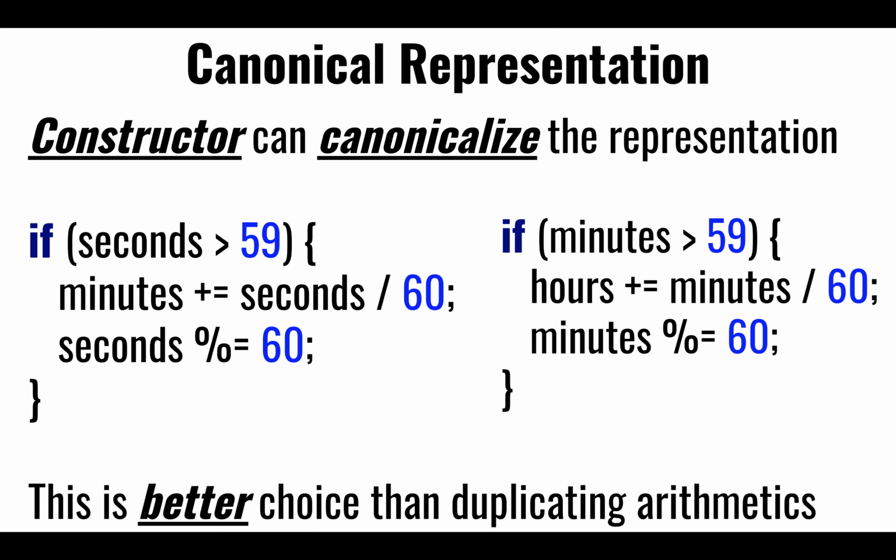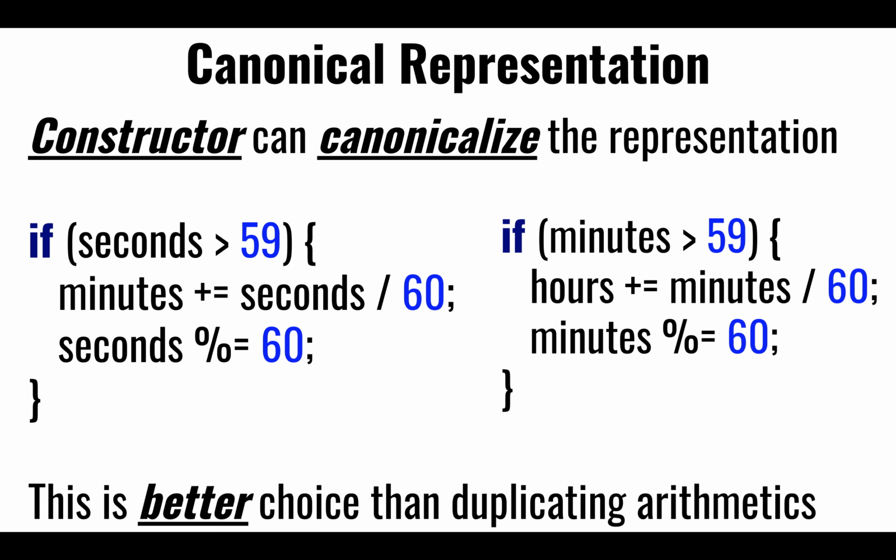So having realized that it's a better solution to go down the route of the canonical representation, we would revisit our representation of the duration and say, okay, we're not going to deal with minutes, hours, and seconds. Let's convert everything down to seconds. So we might write some arithmetic in the constructor. We would still initialize our minutes, hours, and seconds, but then do the conversions so that we can convert how many hours down to minutes, and then convert all the minutes down to seconds.